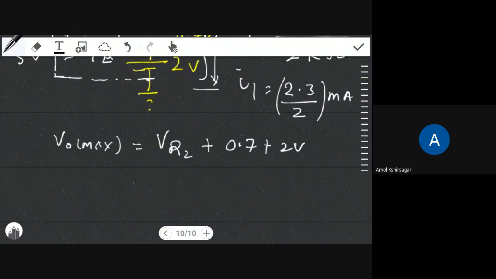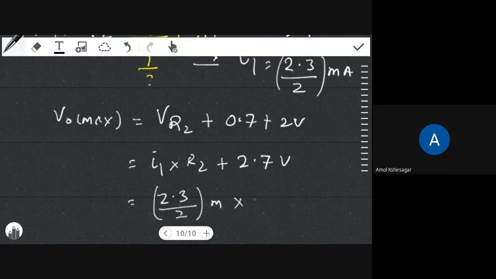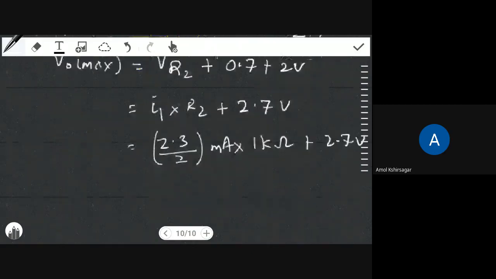So VR2 is nothing but I1 into R2 plus 2.7 volts. This comes out to be 2.3 divided by 2 milliampere into R2, which is 1 kilo ohm, plus 2.7 volts.